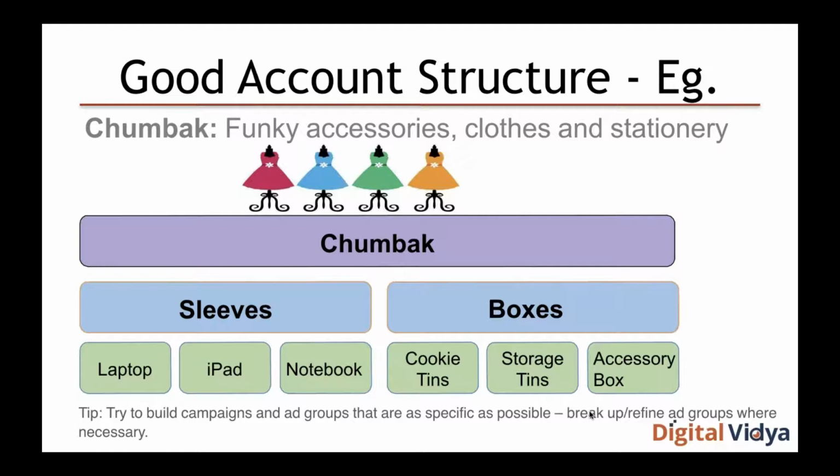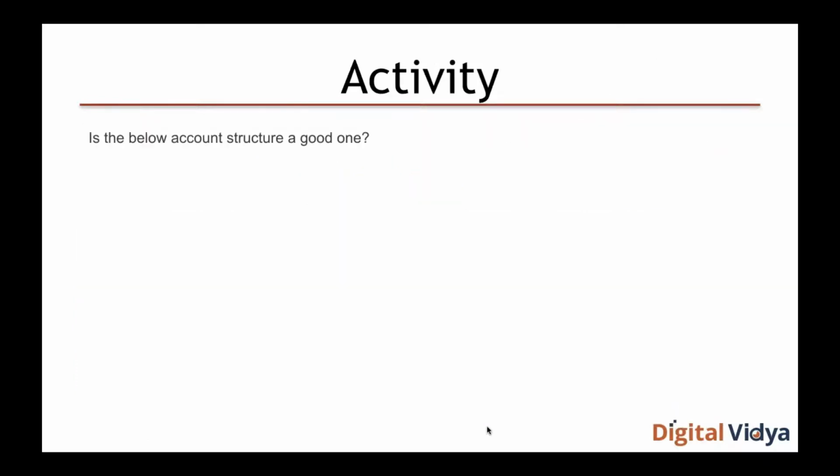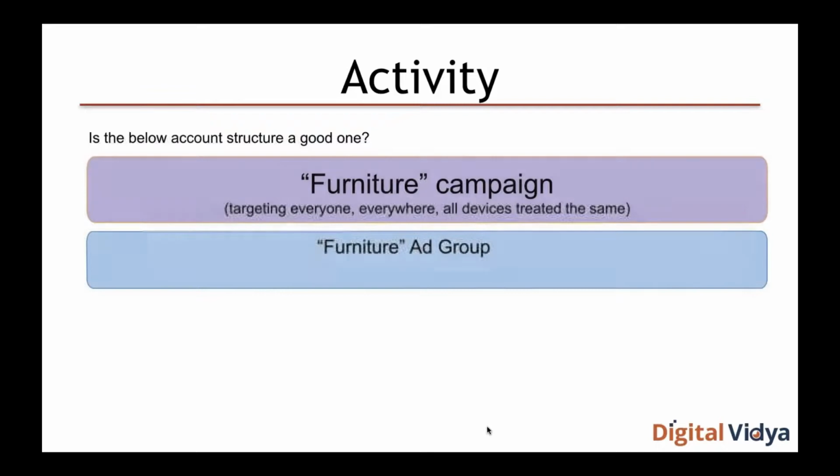Because of the relevance, your quality scores and everything will be better if you break into as many ad groups as possible, right? Rather than trying to put laptop and notebook both into one, or trying to put cookie tin kind of keywords also into storage tins. Try to keep them separate as much as possible, and the targeting there could be all India.